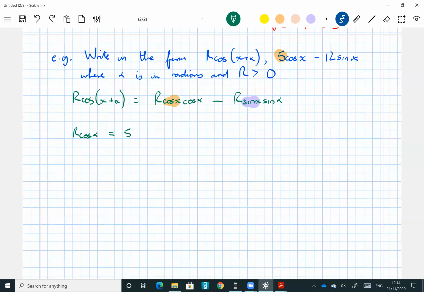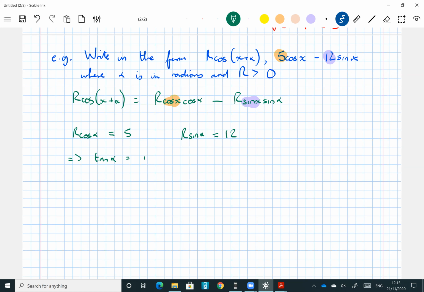So we've got the coefficient of sin x is r sin alpha, and the coefficient of sin x in this case is 12. So r sin alpha is 12. So that implies that tan alpha is the second equation divided by the first to get sin alpha over cos alpha.